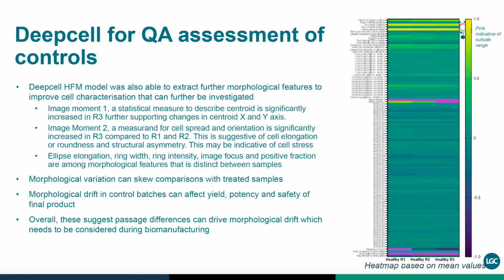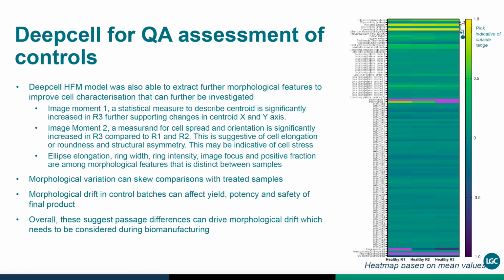So morphological variation, as we know, can skew comparisons with treated samples, and this morphological drift in control batches can impact quite significantly, and passage differences can significantly impact yield that needs to be considered during biomanufacturing. And you can see here in this very detailed heat map just how many candidate reference morphological features we can extract using DeepCell.